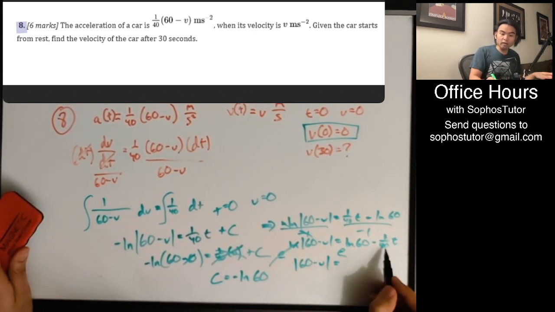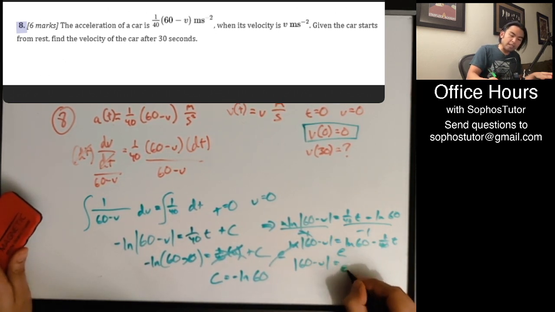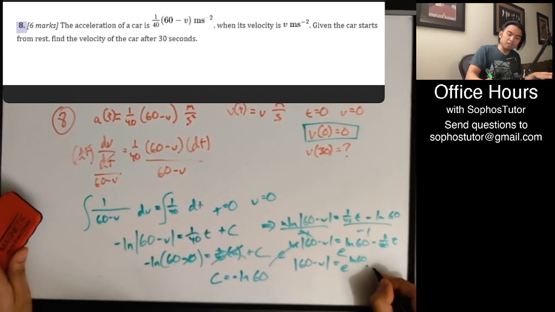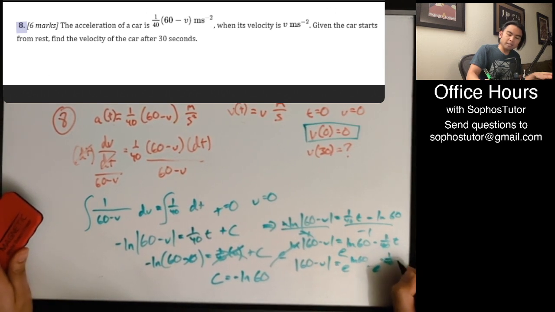And now something weird happens here. Because I'm subtracting with an exponent here, if we use our exponent rules, this should equal e to the natural logarithm of 60 times e to the negative 1 over 40t.